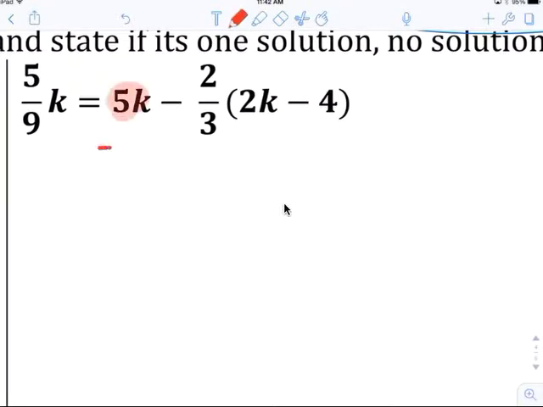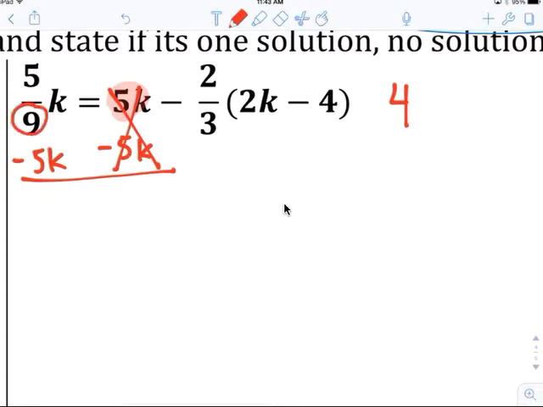Okay, you can always minus 5k here. Minus 5k. So that leaves you, I put the 5 on top. 5 becomes 4, and because these have denominator of 9, I put 9 over 9. That makes 5 whole.